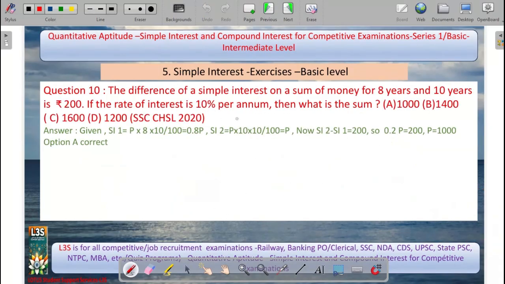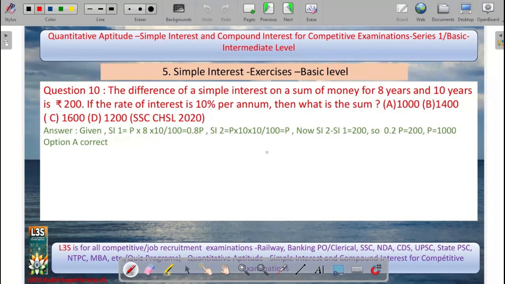Next question, the difference of a simple interest on a sum of money for 8 years and 10 years is rupees 200. If the rate of interest is 10% per annum, then what is the sum? So what they are asking, the difference of simple interest on a sum of money for 8 years and 10 years.